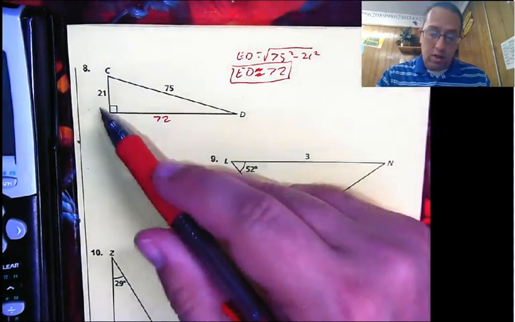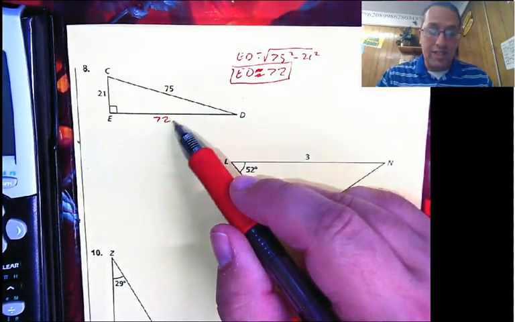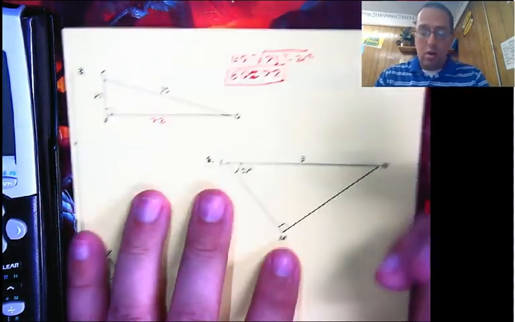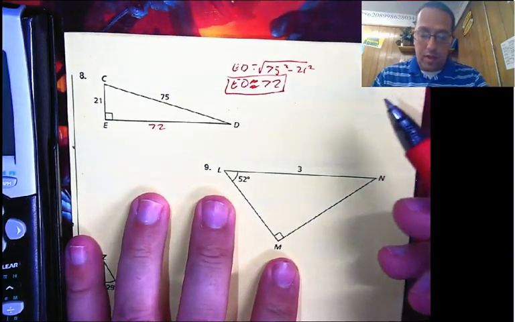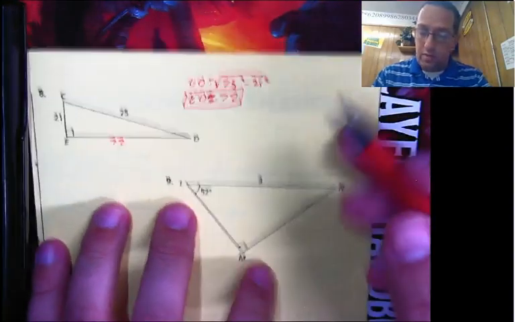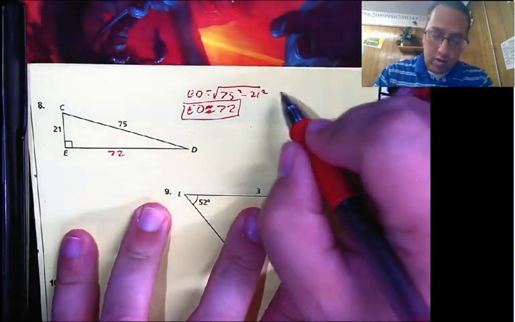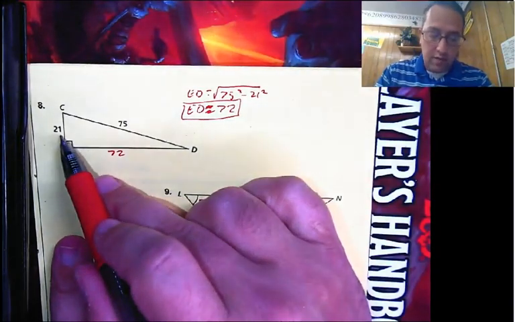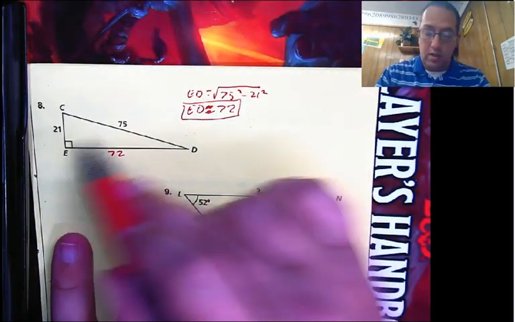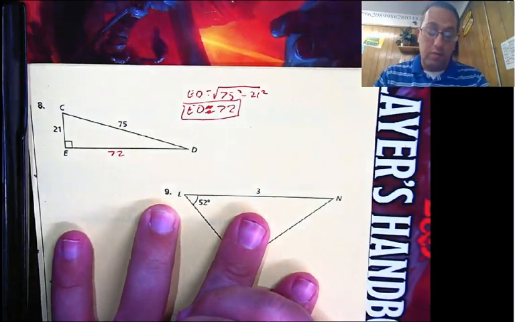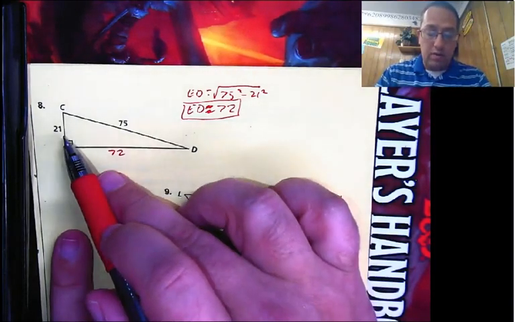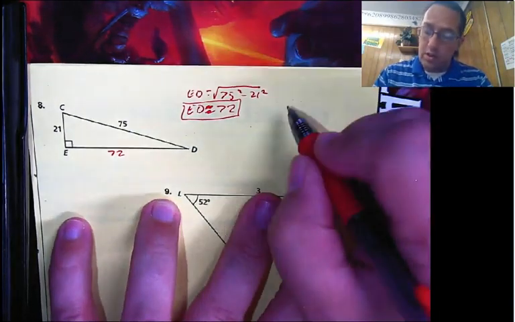Now we could use tangent again using the 72, since it is an exact answer, it's not rounded, or we can use the numbers they gave us. Let's use C because it's first alphabetically. For C, we have 21, which is adjacent, and 75, which is the hypotenuse. Adjacent and hypotenuse is cosine.